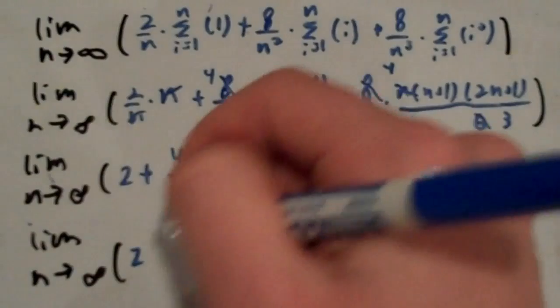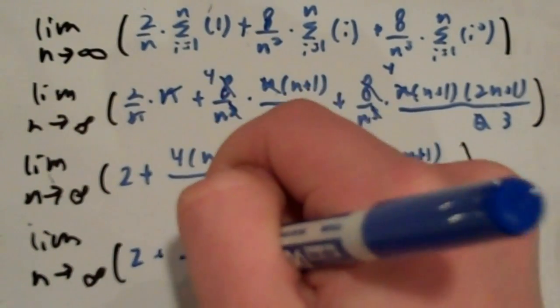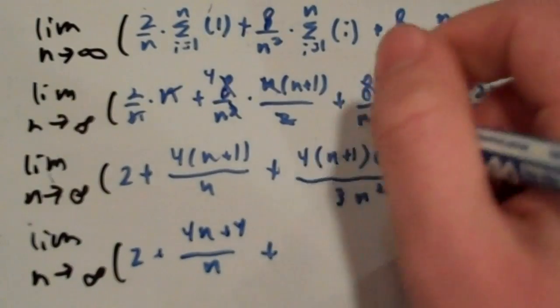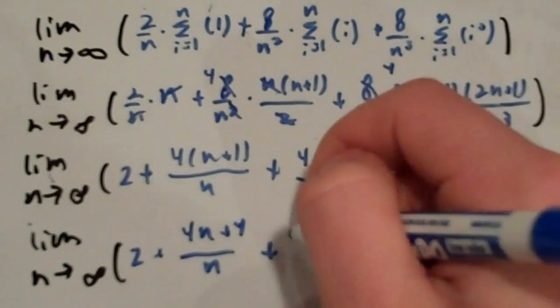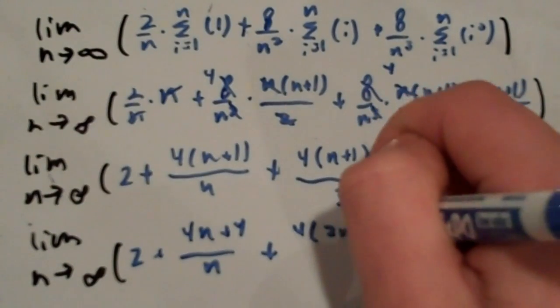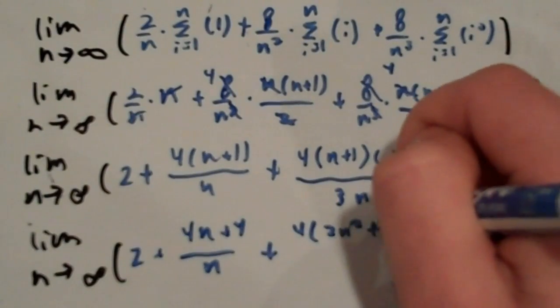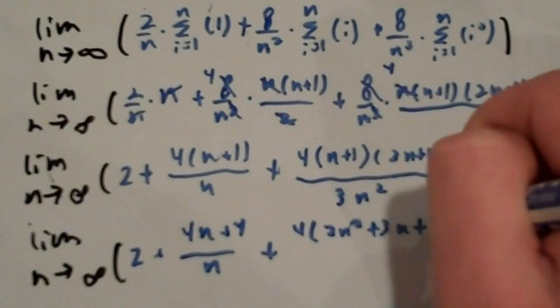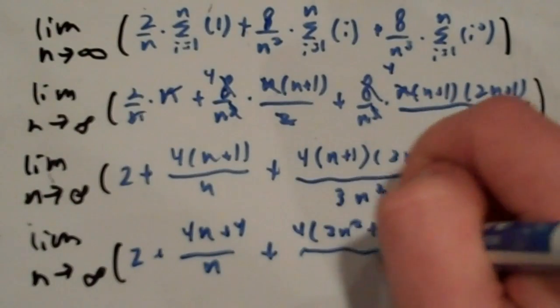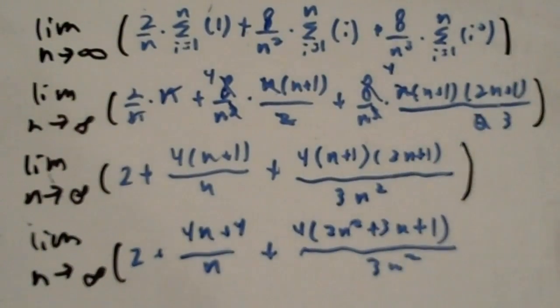And then we have 4n plus 4 over n. And then here we have 4 times, that's 2n squared, and then that's 1n, so we have plus 3n plus 1, and that is all over 3n squared.